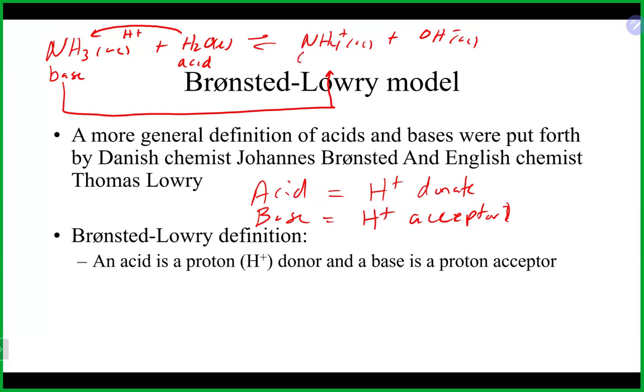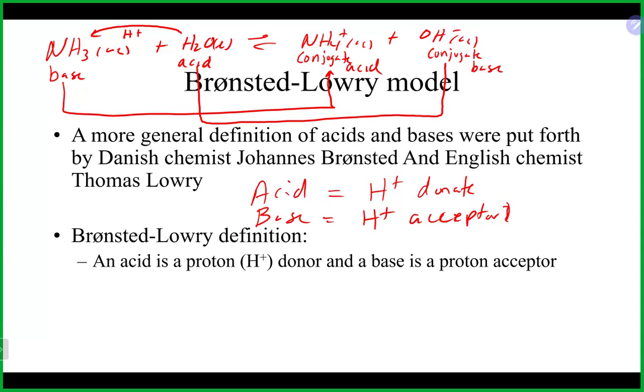And this is what is known as the conjugate acid. The conjugate acid comes from a base that has accepted an H plus. And if you look at the acid on the left, which is water, it is related to the OH minus on the other side. And that is what is known as the conjugate base.